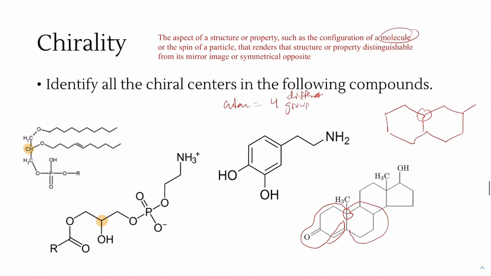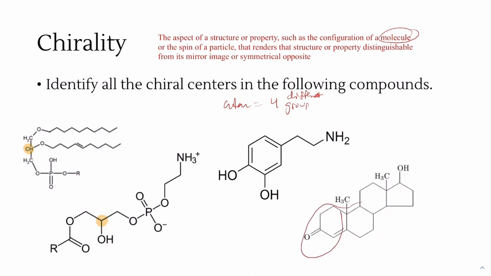Now this would be chiral because now I have this group and this group which don't look the same, because this guy's got this little lump over here. So in this case, you can see that this group right here is not the same going around on this side. And then we've got this carbon over here and this carbon up here. That's 4 different groups, and so I'm going to go ahead and dot that. That's going to be one of my chiral centers.